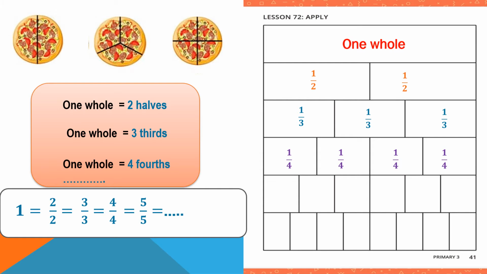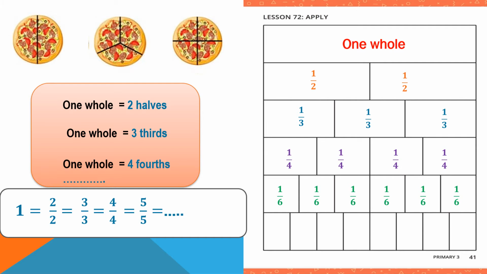Fourth, fourth, fourth, fourth. And the plural of them, fourths. Here we have 1, 2, 3, 4, 5, 6 equal parts. So each part will be 1 over 6, or 1/6.